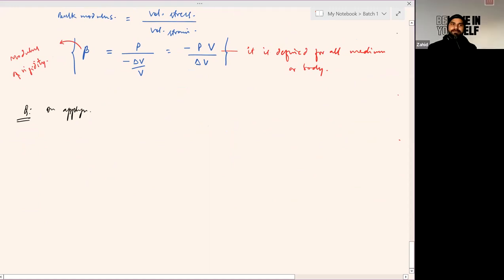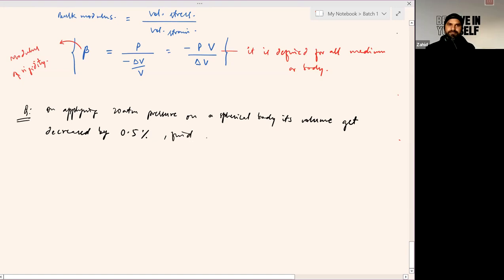On applying 20 atm pressure on a spherical body, its volume gets decreased by 0.5%.